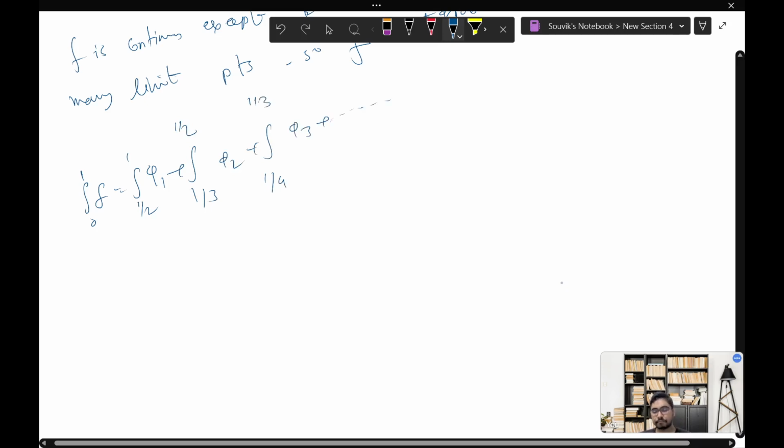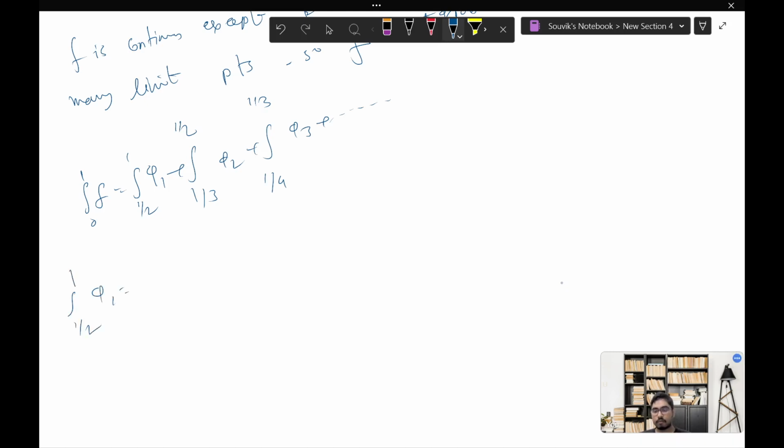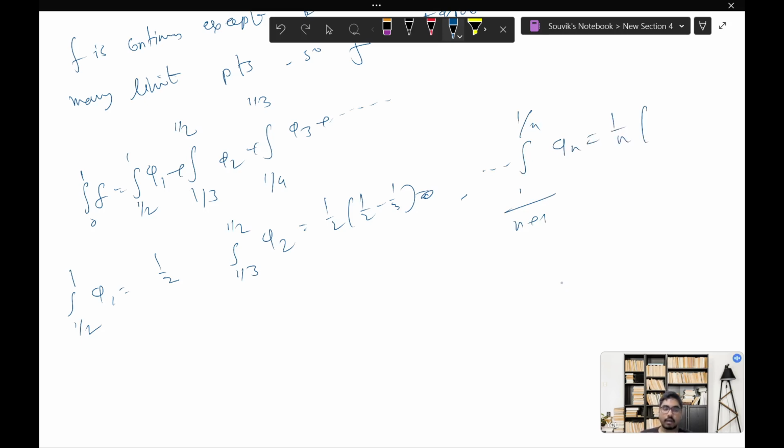But how to calculate it? First, separately calculate the integral up to 1 of phi. The integral from one third to one half of phi 2 is half into (half minus one third), keeping it as it is. And the integral from 1 by (n plus 1) to 1 by n of phi n is 1 by n into (1 by n minus 1 by (n plus 1)).